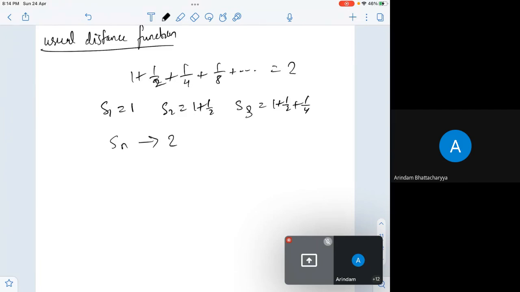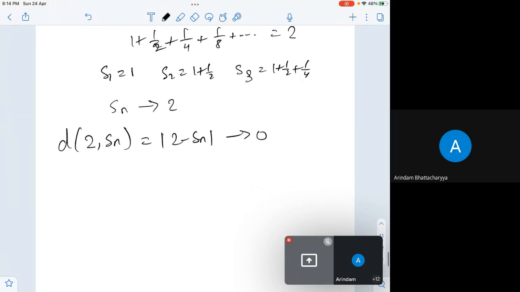The way we'll show that is we'll show that the distance between 2 and Sn, which is just the modulus of 2 minus Sn, goes to 0. Pictorially, you have 0, 1, 2. This is S1. S2 is 1 plus half. So somewhere here is S2, here is S3, S4, and so on. Make sense?